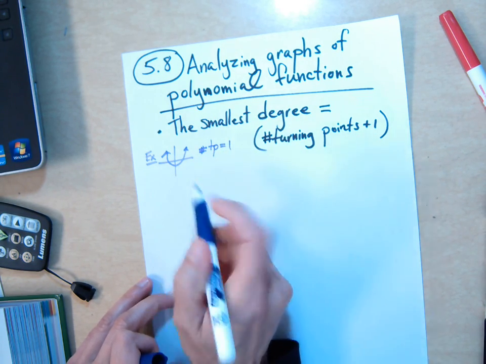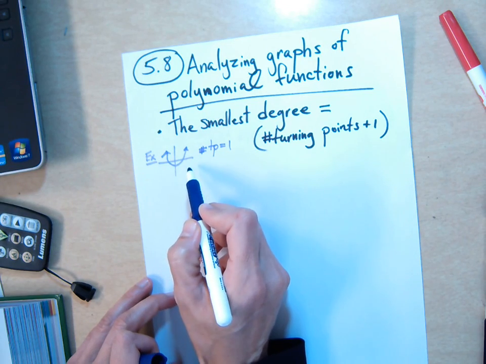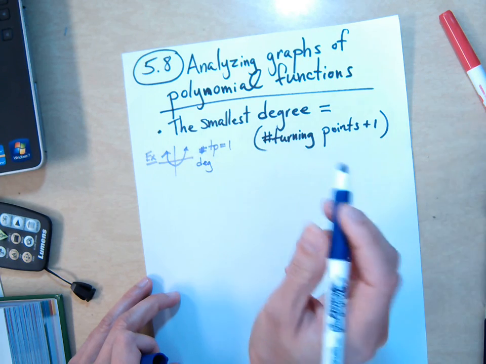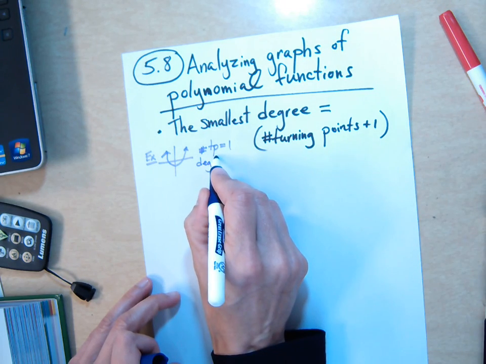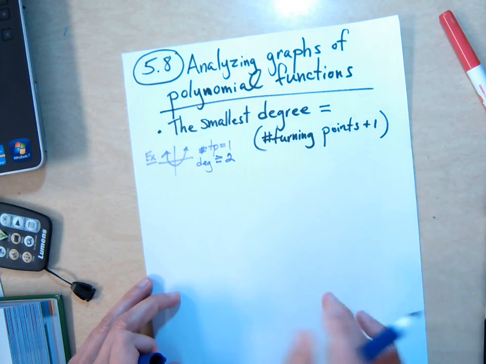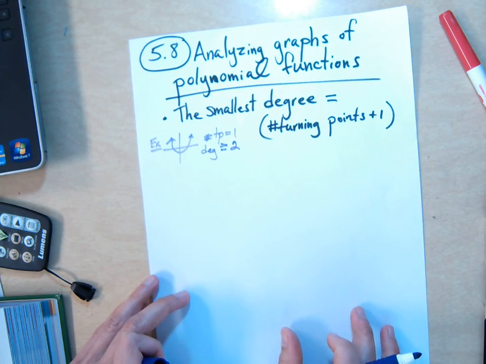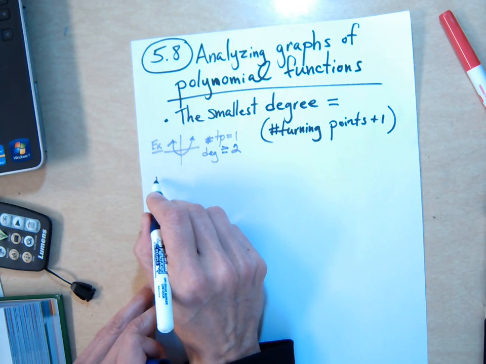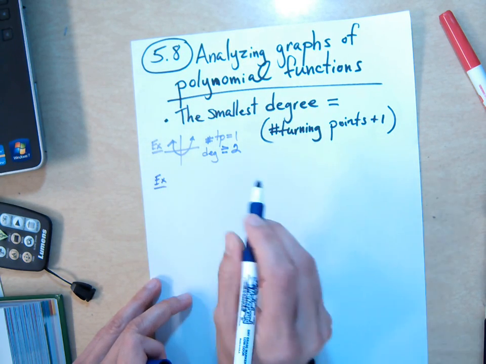I can just tell from looking at it. Turning means it changes direction. And so the smallest degree possible for this is 2. It's 1 more than the number of turning points. The smallest degree possible is 2. We don't know yet, but that'll help us write the equation of the graph later.